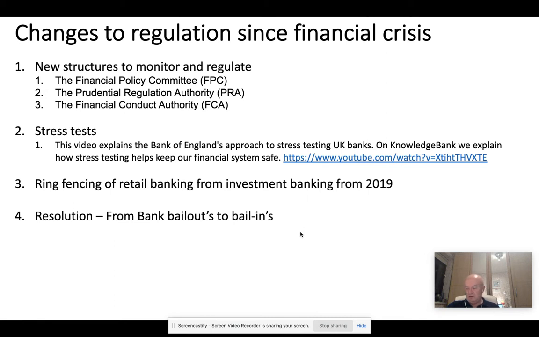So that's another thing that they've put in place to make sure that the financial sector is much more robust, and the sorts of things that happened back in 2008, 2009 essentially can't happen again.